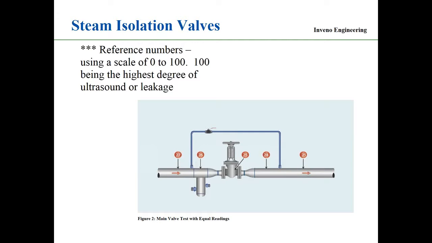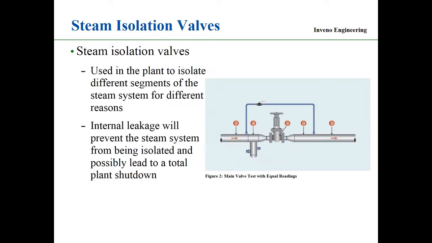A leak will generate more ultrasonic sound, then you'll know the leakage is occurring. So on this isolation valve, with all the points pretty well close in ultrasonic level, that gives me an indication the valve is seated and it's not leaking through.